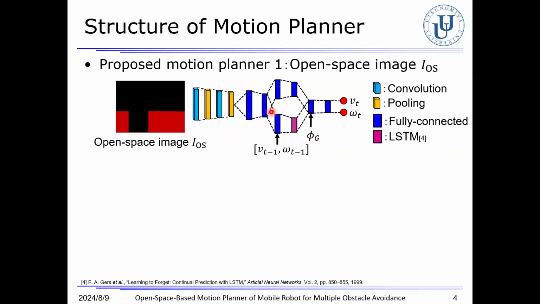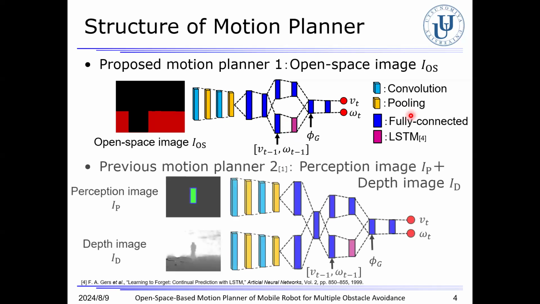In the fully connected layer, an LSTM block is applied. Finally, the next linear and angular velocity are determined as the motion output. In the previous motion planner 2, perception images and the depth images are fed as the input to the motion planner based on CNN with LSTM. These two motion planners are applied to the robot.